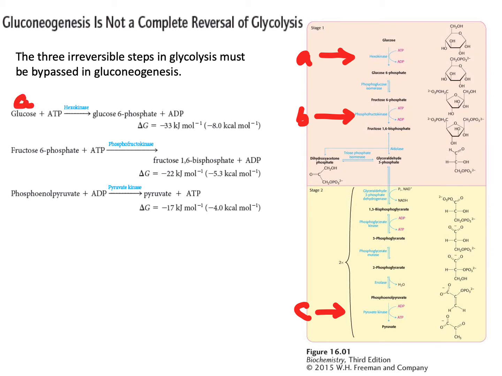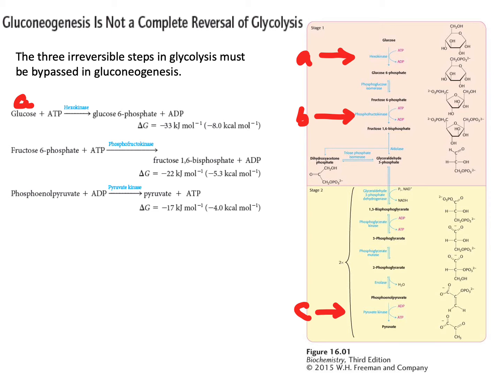Let's look at A. Glucose turns to glucose 6-phosphate, and the free energy is minus 33. In this reaction, we see on the left there's ATP. We also learned in the past that if one reaction doesn't happen, you couple it with a reaction that is exergonic, then the reaction may happen.